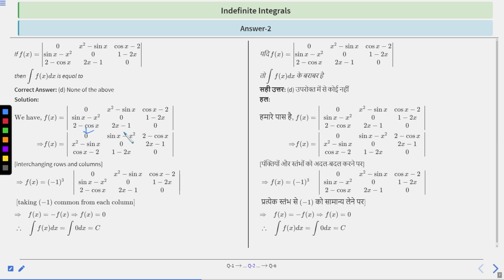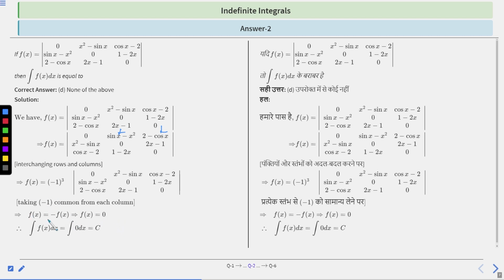From each column, we will take minus 1 as common. Therefore, f(x) will be (minus 1) to the power cube times the determinant of 0, x square minus sin x, cos x minus 2; sin x minus x square, 0, 1 minus 2x; 2 minus cos x, 2x minus 1, and 0. Therefore, f(x) will be equal to minus f(x). Therefore, f(x) will be equal to 0.